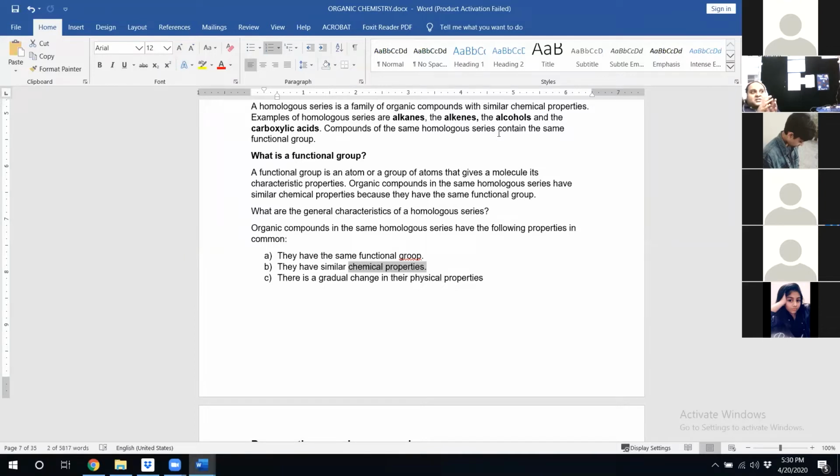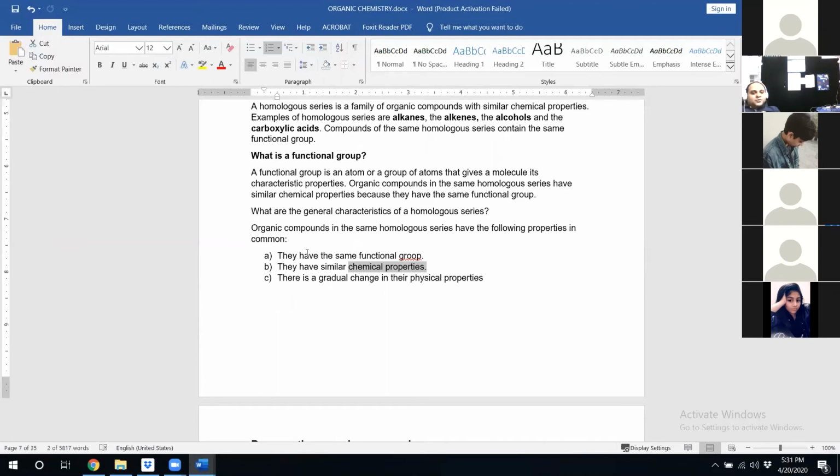If it does not follow all the characteristics of that particular family, it cannot be classified under that family or that homologous series.